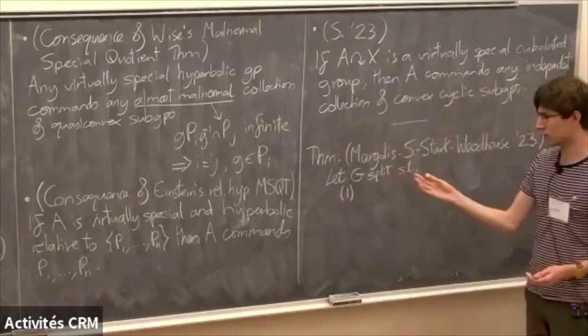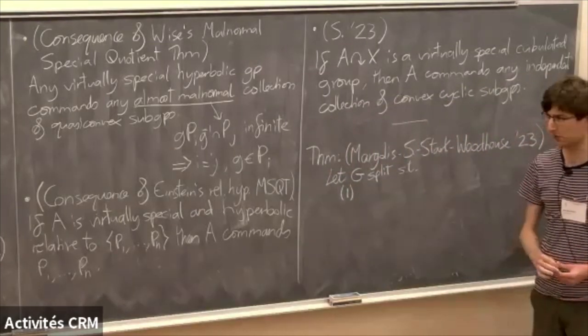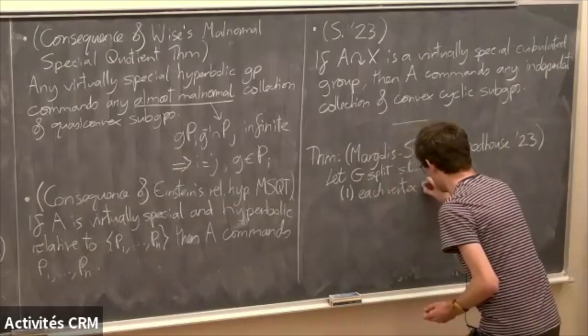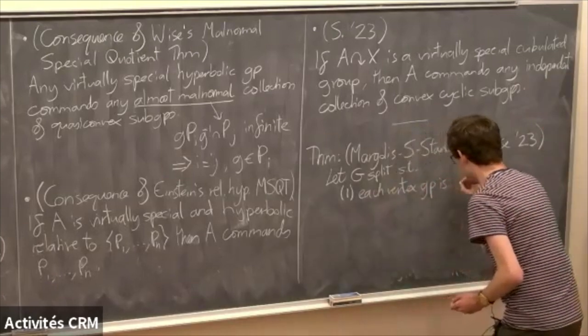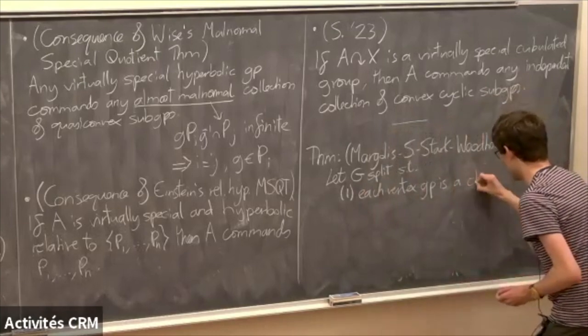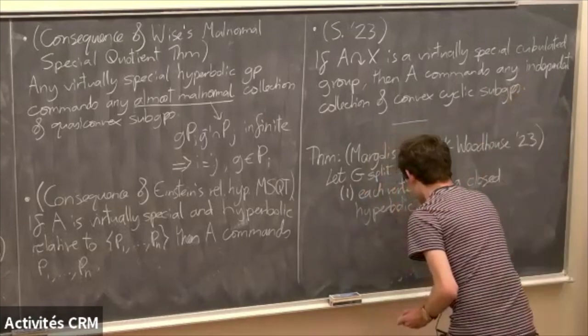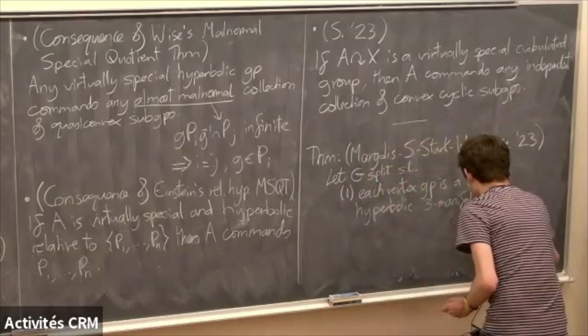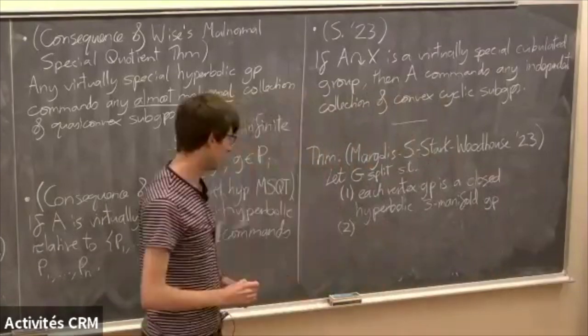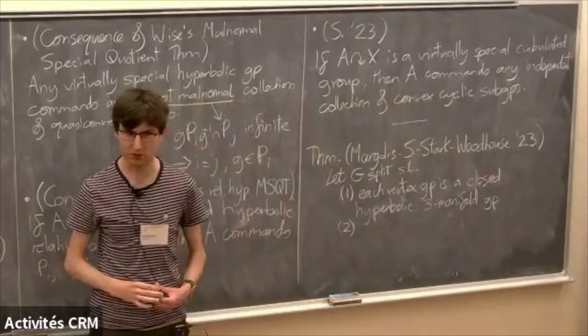So again, G will split as a graph of groups. We will assume that 1, each vertex group is a closed hyperbolic 3-manifold group, and then 2, an assumption about the edge groups.